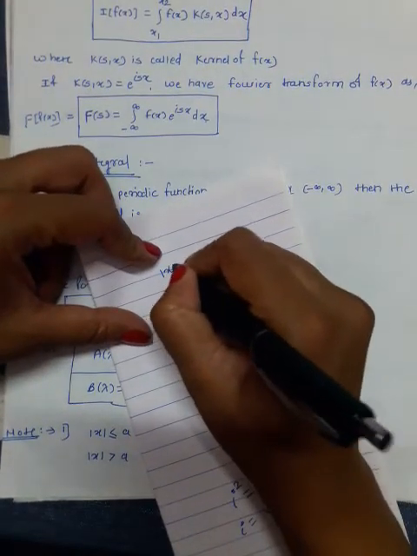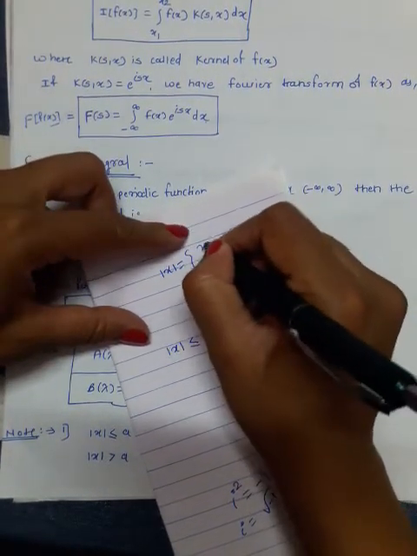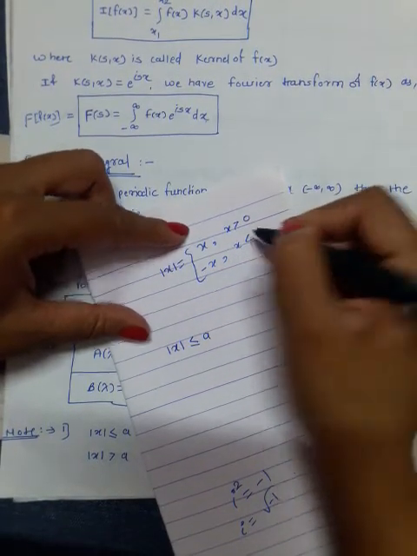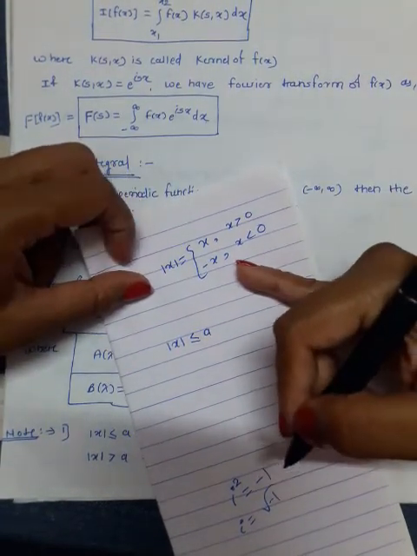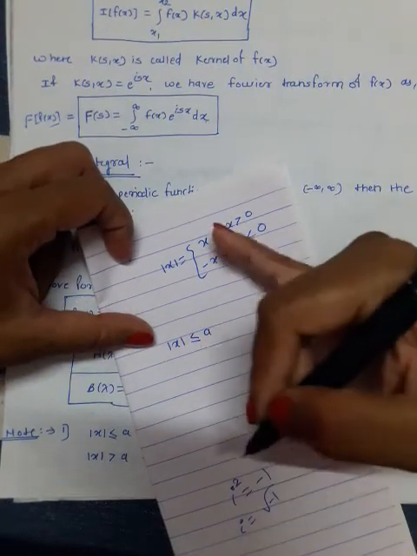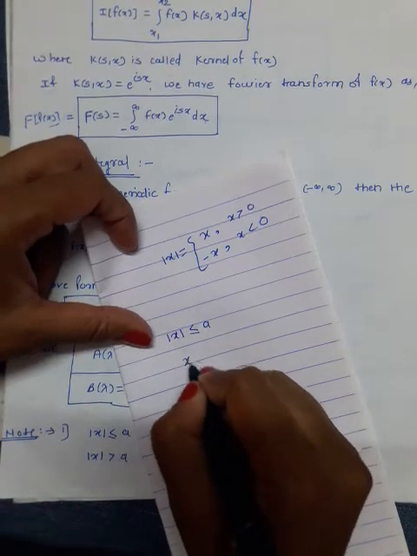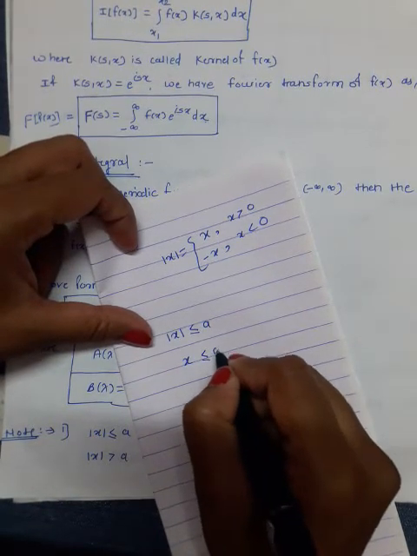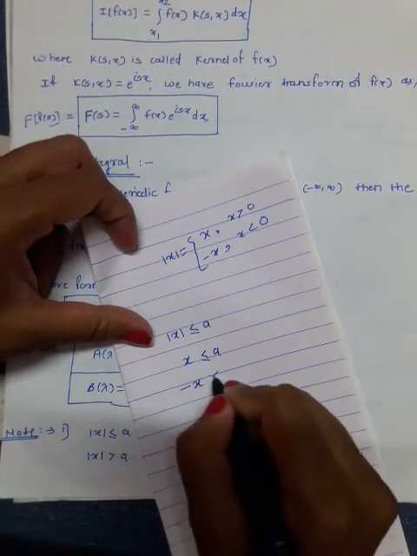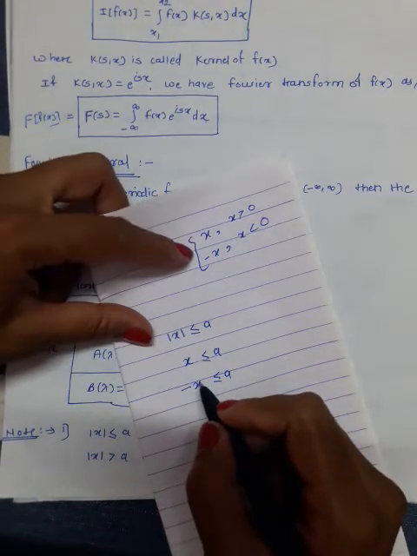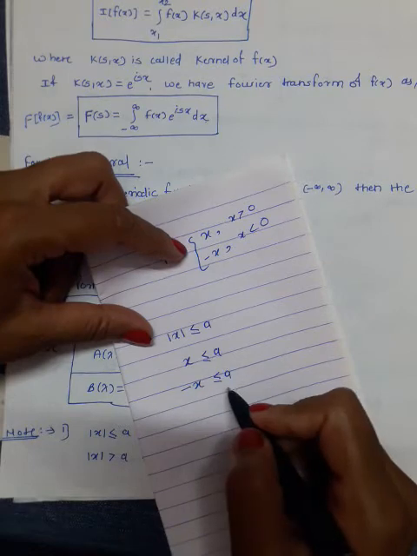What is the mod x value? It is x when x is greater than 0, and minus x when x is less than 0. This is the basic definition of mod x. Mod x is either negative or positive. That means x is less than or equal to a, and minus x is also less than or equal to a. Both the values are included here.